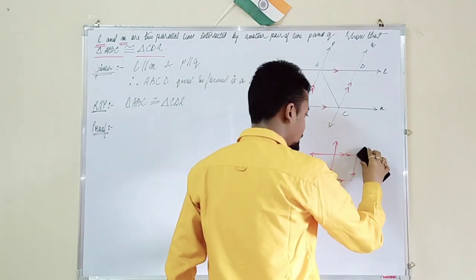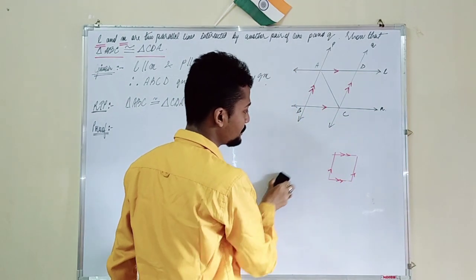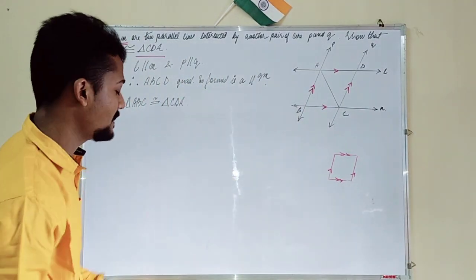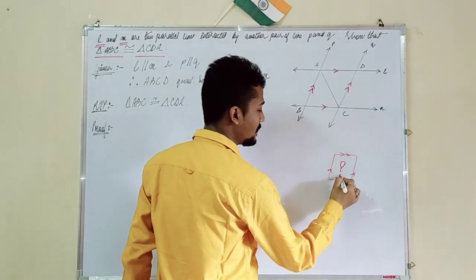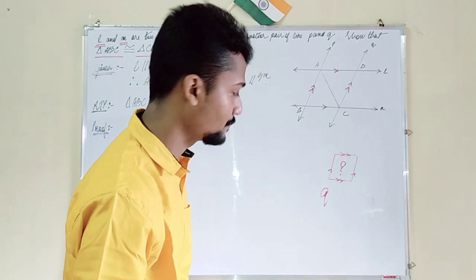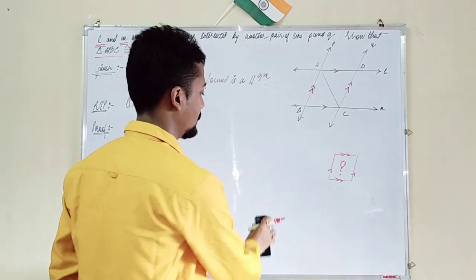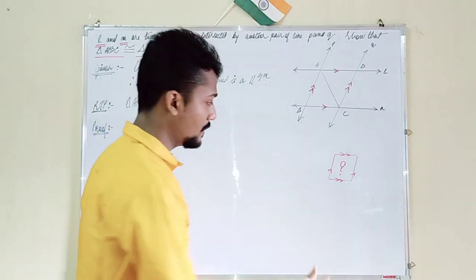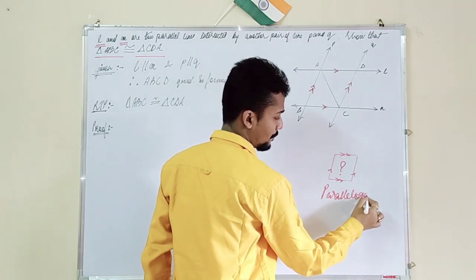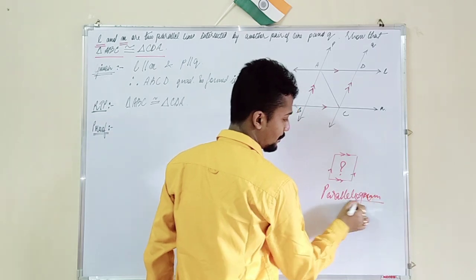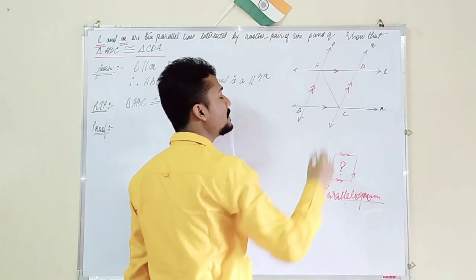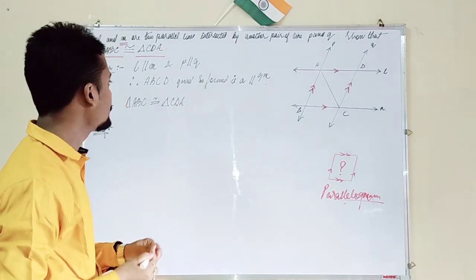If I remove this extra part, the figure that we get is called what? Can it be called a parallelogram? Isn't it? That means this figure ABCD is also a parallelogram.